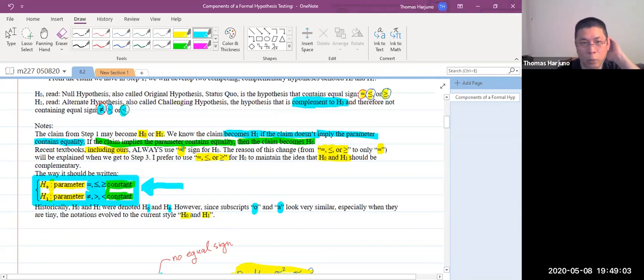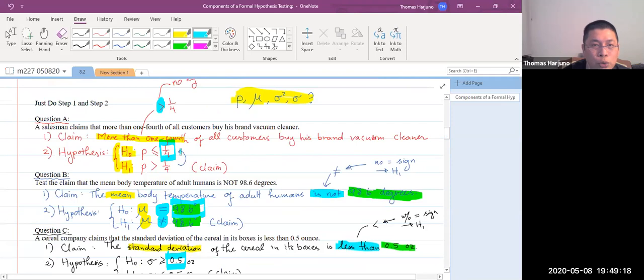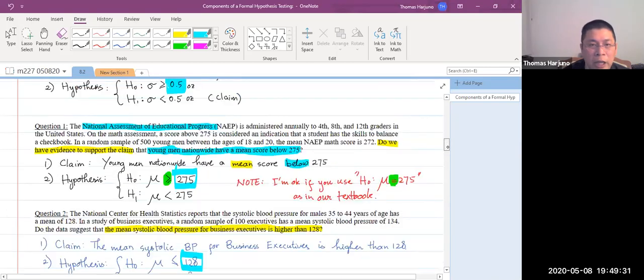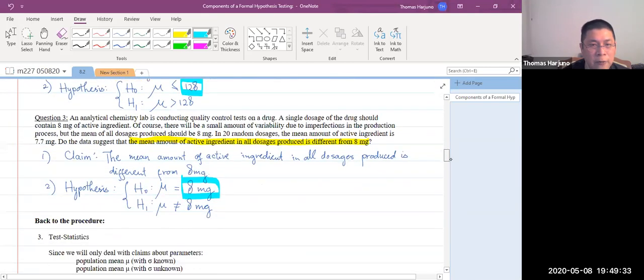With me, I still use equal, less than, greater than for the null hypothesis. But why do they change it to the equal sign? The reason is that it's the number they use, the constant of the null hypothesis in step 2, in their test statistic.